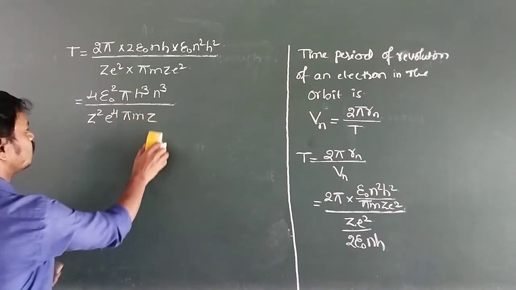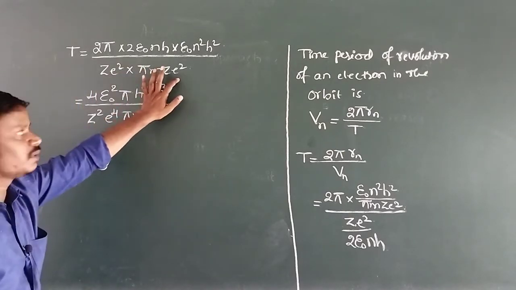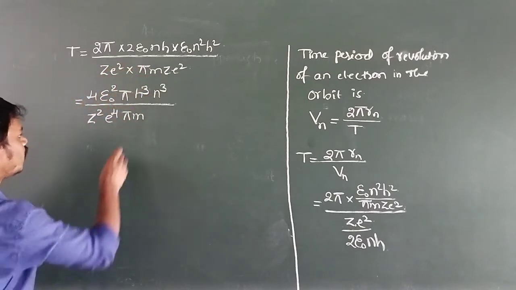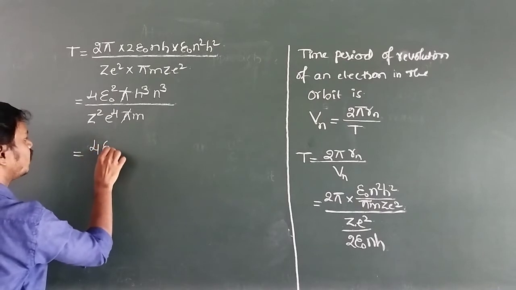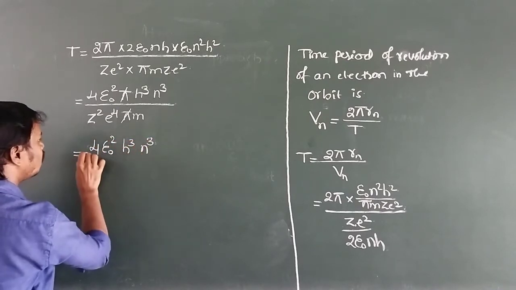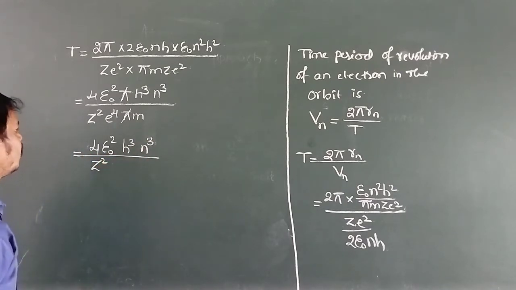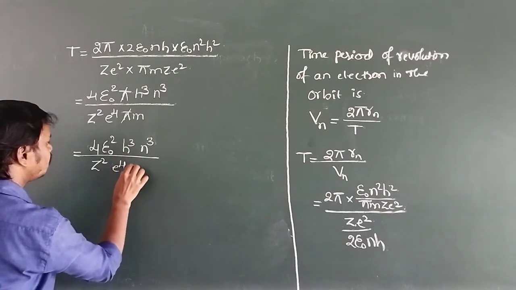Now sorry, z into z square, then e square into e square e to the power of 4, next pi into m. Now pi get cancel, then it is 4 epsilon naught square h cube into n cube whole divided by z square into e to the power of 4 into m.